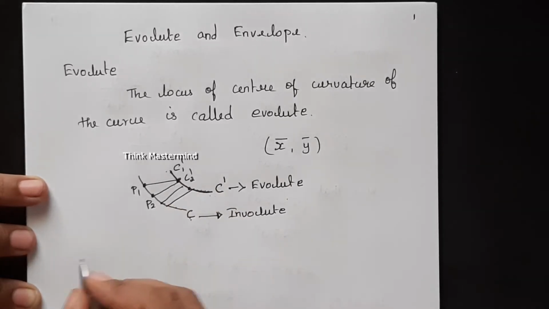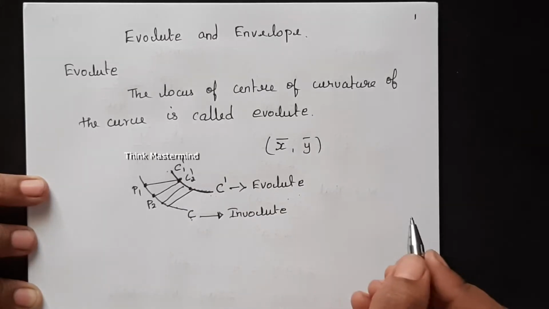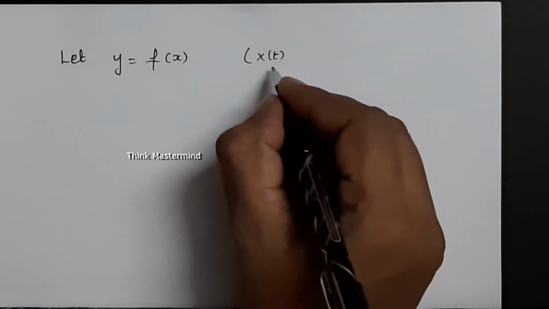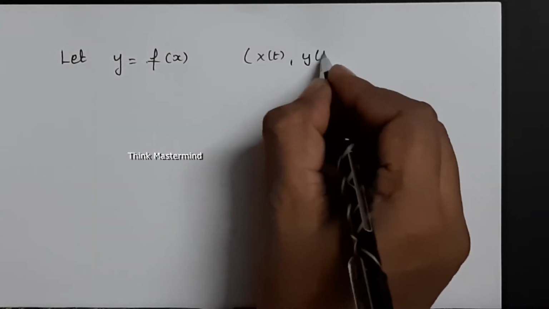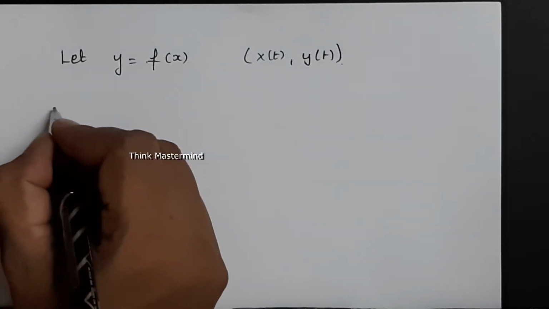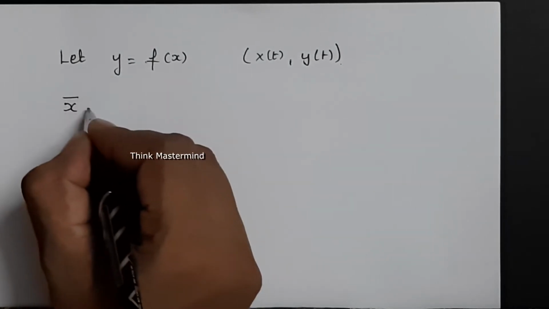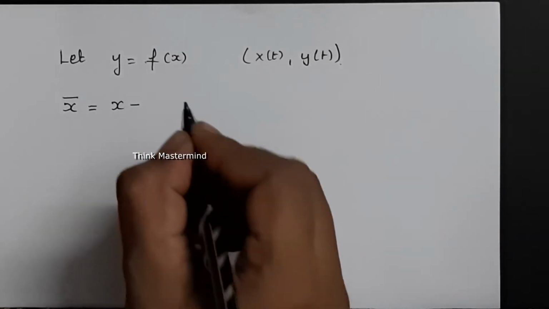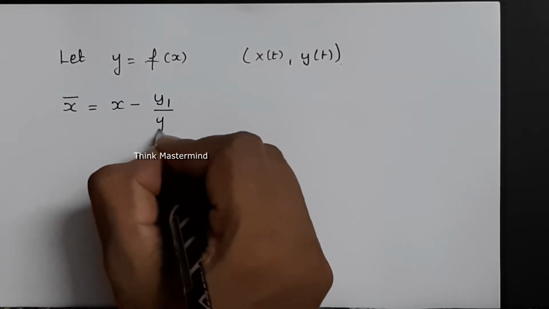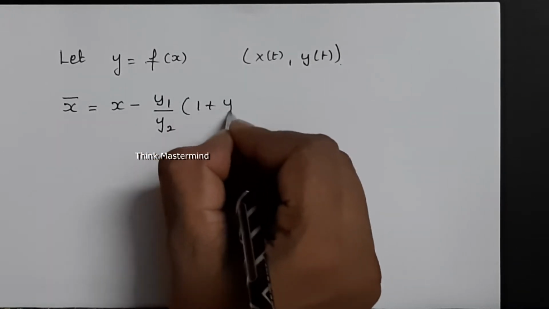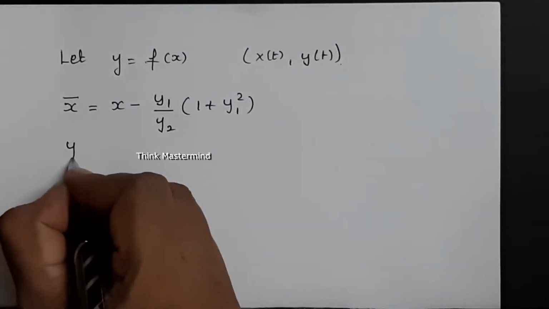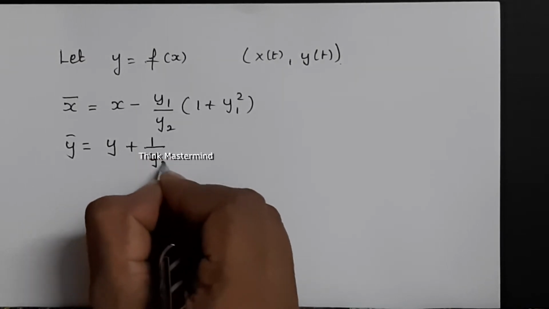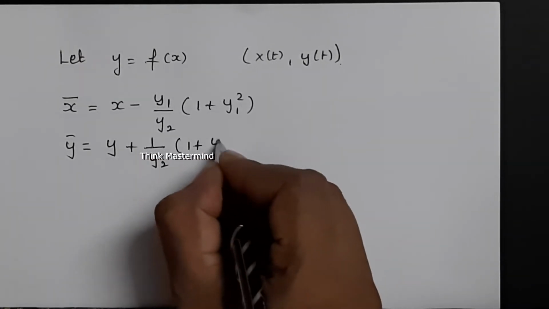So the working procedure of finding the evolute of the given curve is: let us consider y is equal to f of x as a given curve with the parametric functions x of t and y of t, where t is the parameter. First step, you have to find the center of curvature x bar and y bar. x bar is equal to x minus y1 by y2 into 1 plus y1 squared, and y bar is equal to y plus 1 by y2 into 1 plus y1 squared.